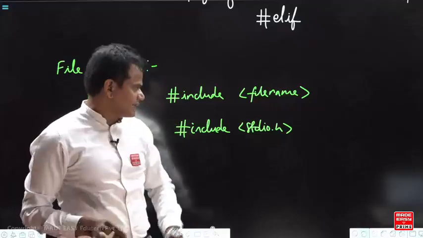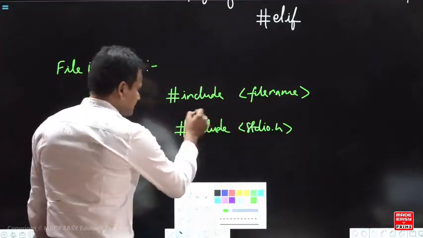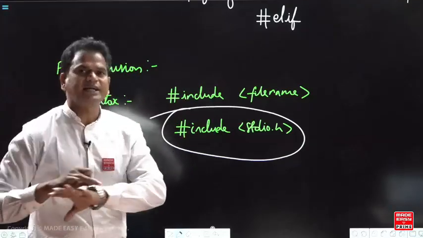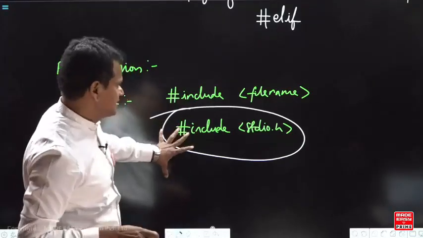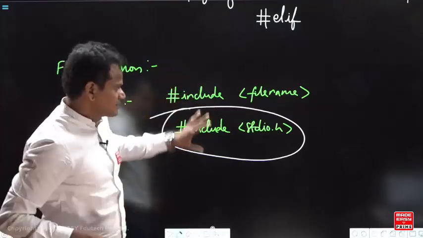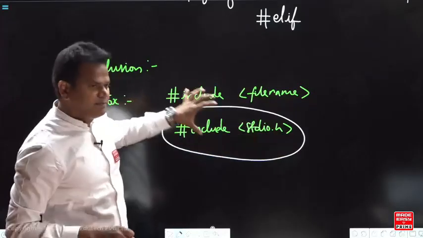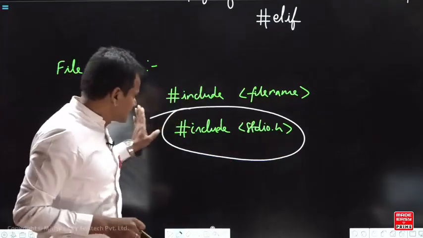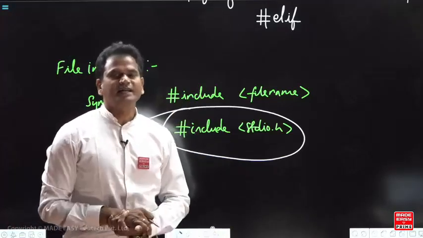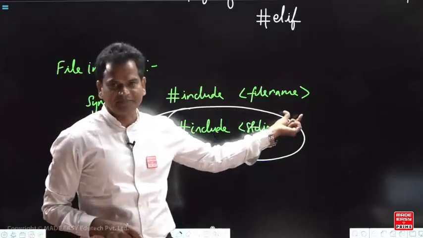So the preprocessor will remove all hash include statements, and whatever code exists in the library will be placed here. This is called file inclusion, and the syntax for this: hash include file name.